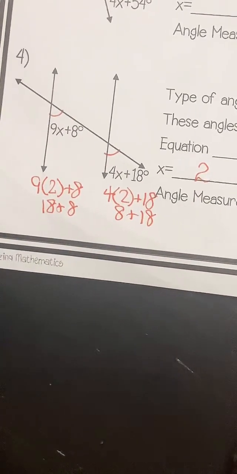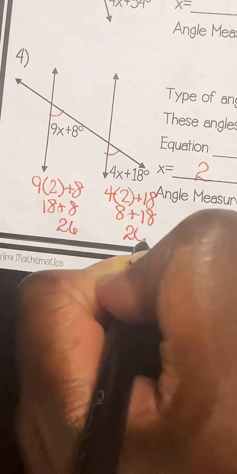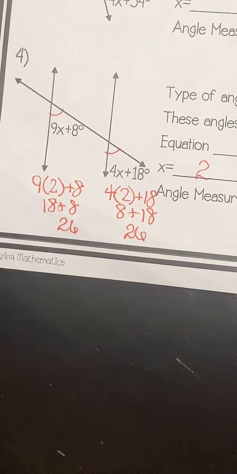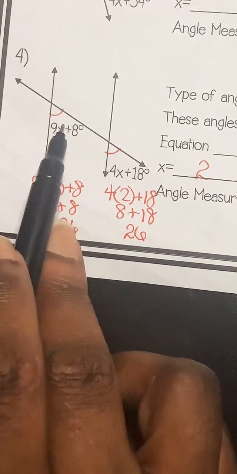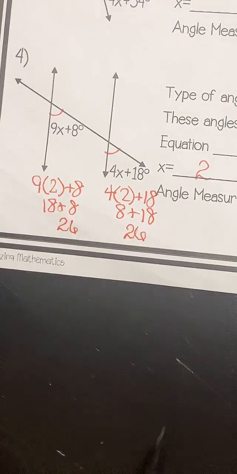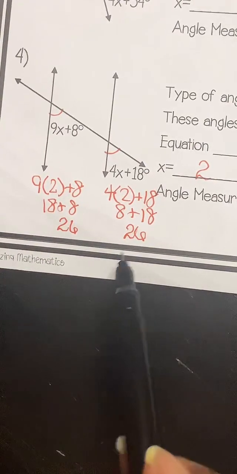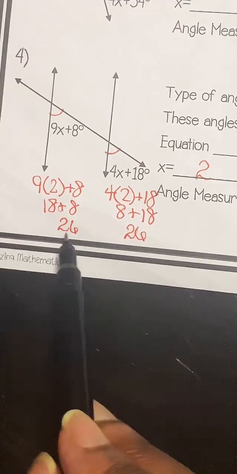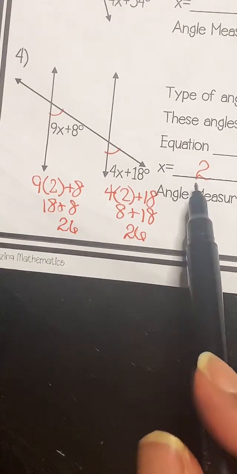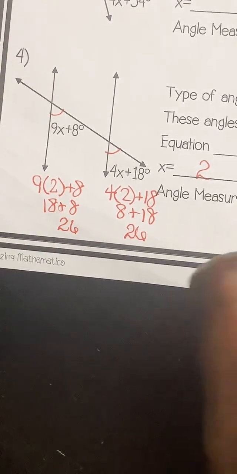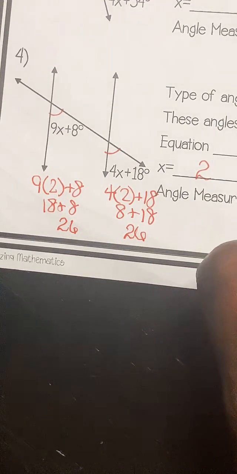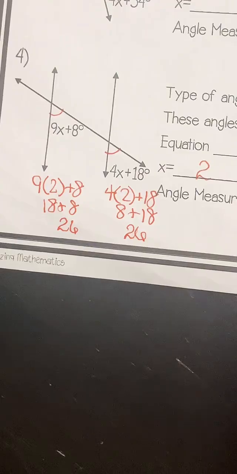Okay? So you can see it doesn't matter. So 18 plus 8, that's where everyone's getting the 26 from. Okay, so since they're congruent, it doesn't matter which one you plug in. You don't have to do both. I'm just showing that it doesn't matter which one of the angles you plug the 2 into, you're going to get the same answer. Okay, so we got 26 degrees.